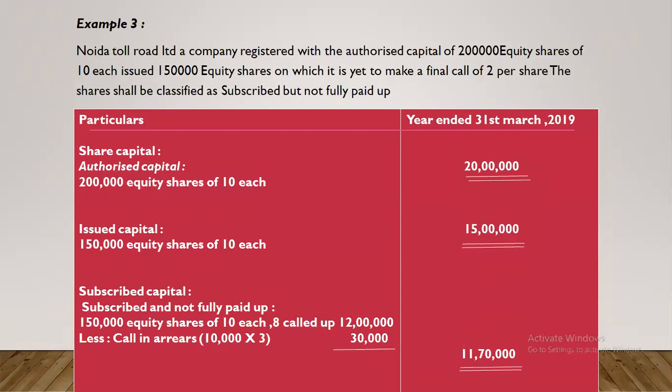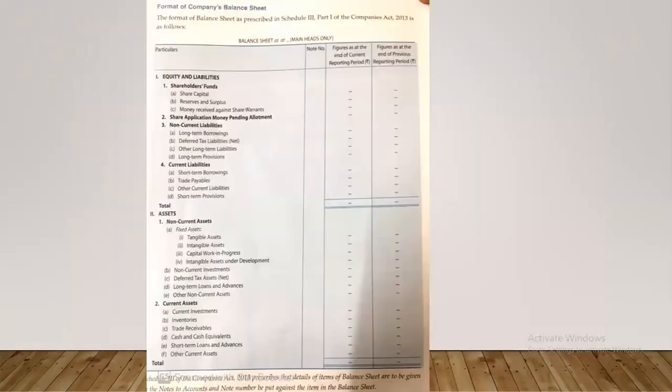So this way this share capital will be shown in notes to accounts. So it is a format of your company's balance sheet. This we have already done earlier. It is a balance sheet as per Companies Act 2013, Part 1, Schedule 3, where we have two sides, equity and liabilities.